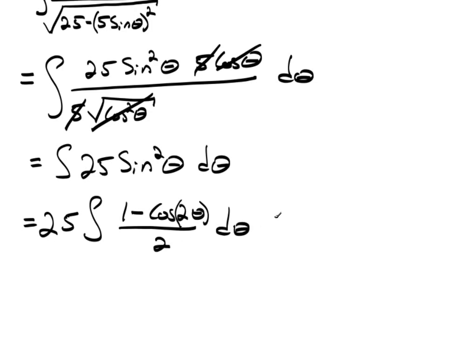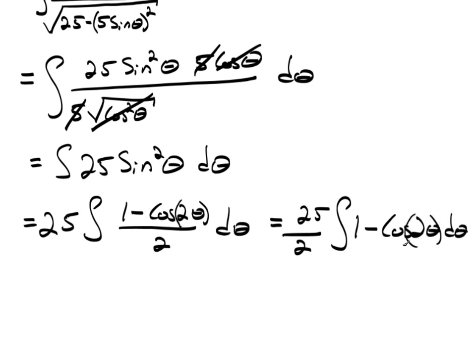So if I pull this out, I'm going to write this as 25 over 2 times the integral of 1 minus cosine 2 theta d theta, which is 25 over 2 times, when I integrate this, I will get theta minus, well, I know the antiderivative of cosine is sine, so this has to be a sine of 2 theta.